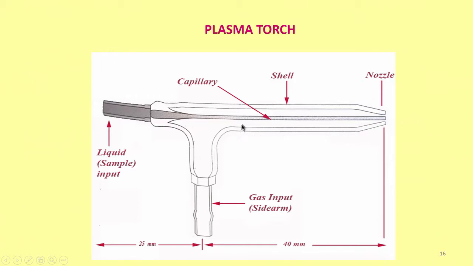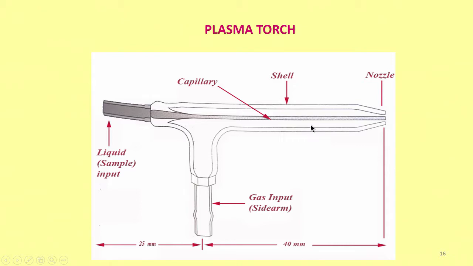It is the shaded portion, and outside there is a shell here, one on the top, one at the bottom. So, here what am I putting? Gas. You see my arrow? My gas is coming, one through the bottom and another through the top.